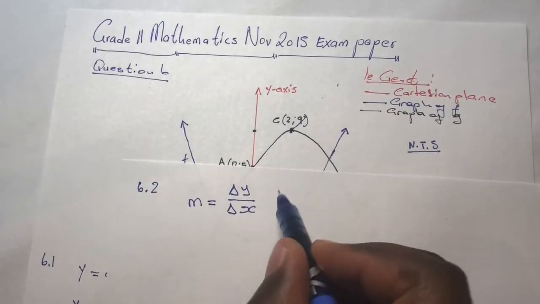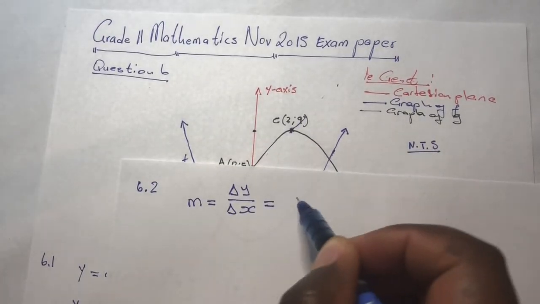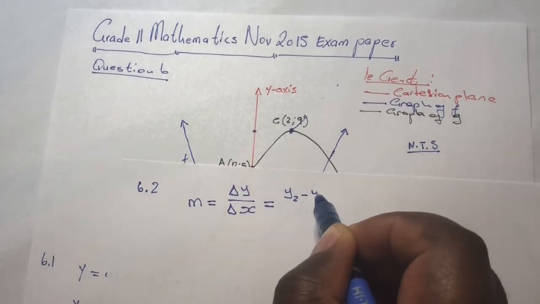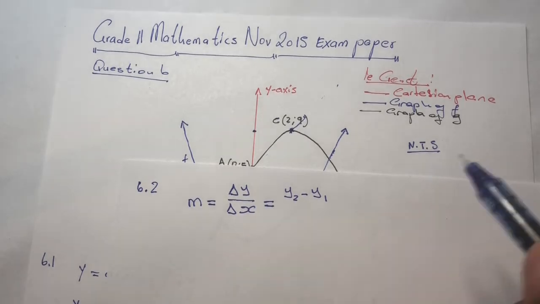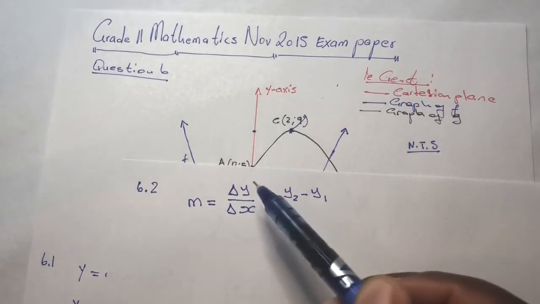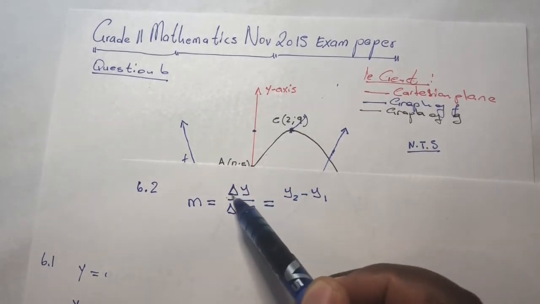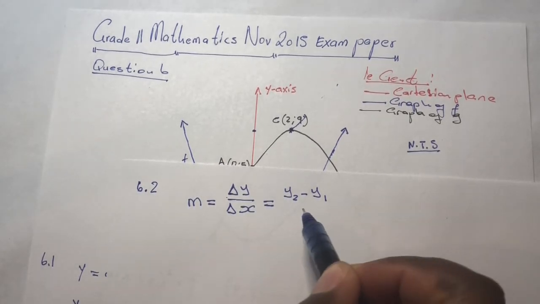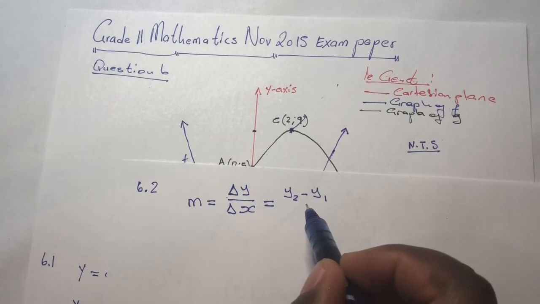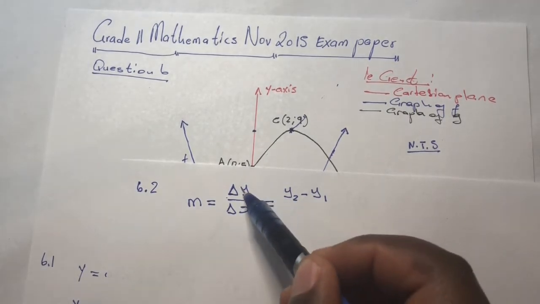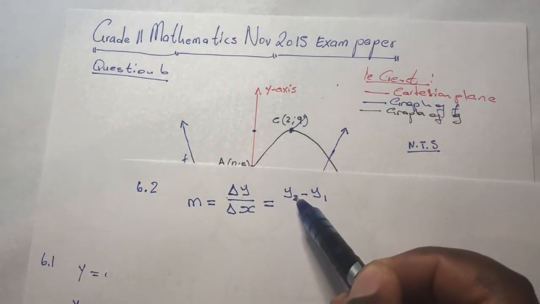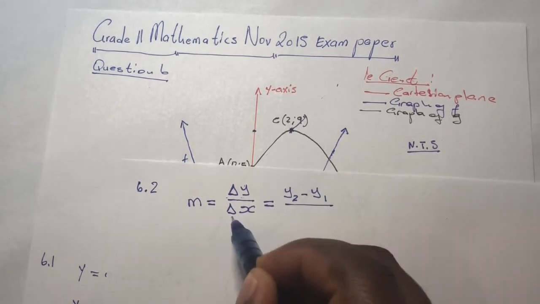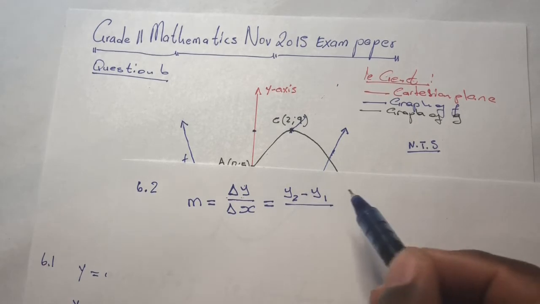So in simple terms, change simply refers to y2 minus y1. This sign represents change. It's delta in Greek. So it's called delta. It simply means change. So because it's delta y, then it means y2 minus y1 over delta x, which is change in x.